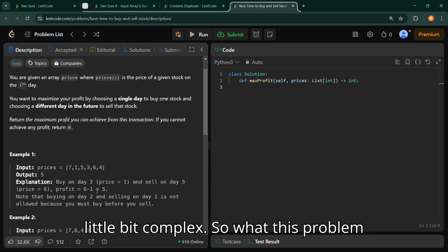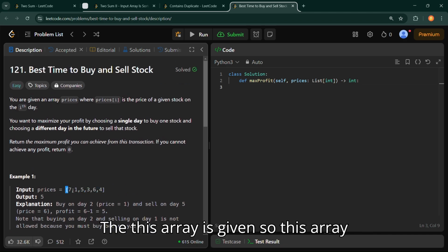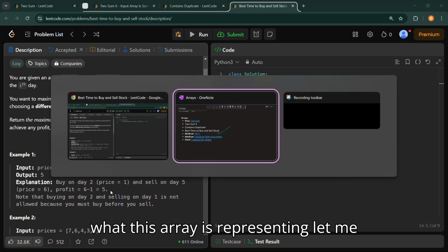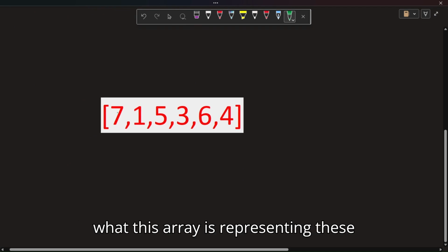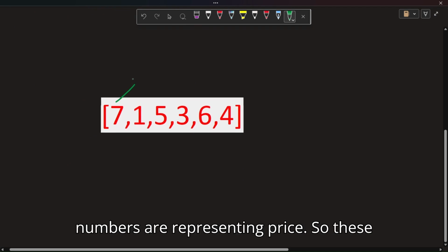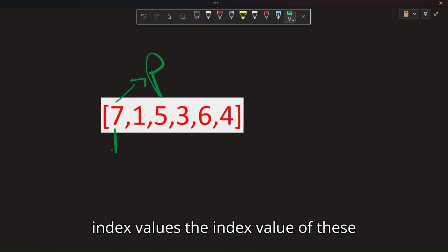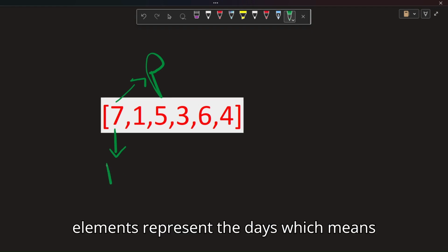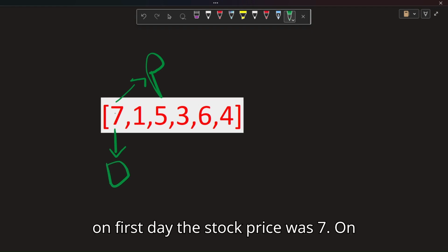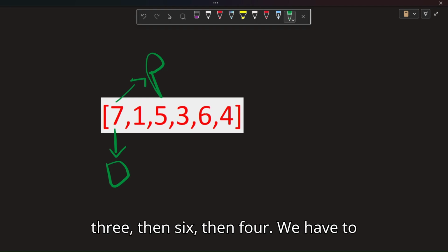So what this problem is stating is, this array is given. Let me show you what this array is representing. I've copied this array. These numbers represent the price, and the index values of these elements represent the days, which means on the first day the stock price was 7, on the second day it was 6, then 5, then 3, then 6, then 4.